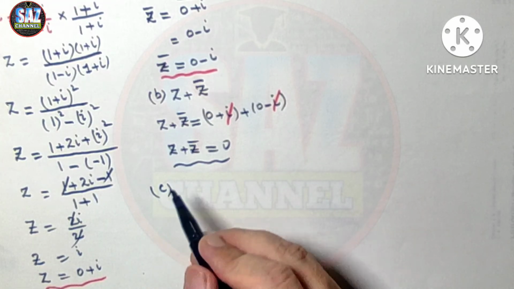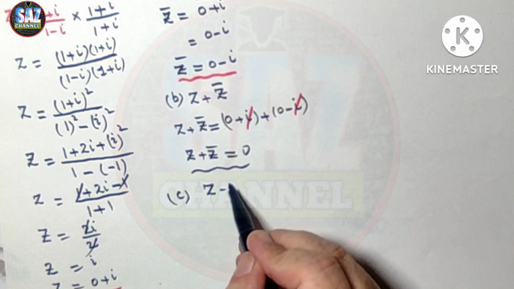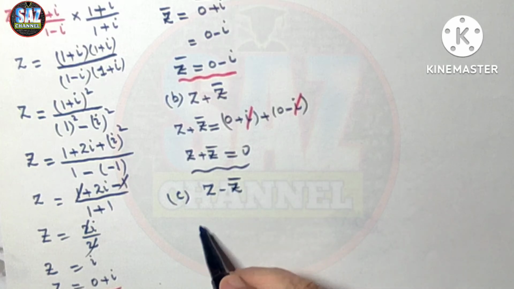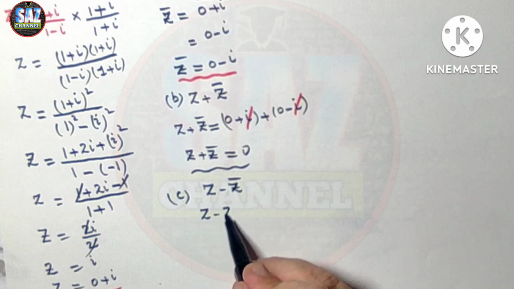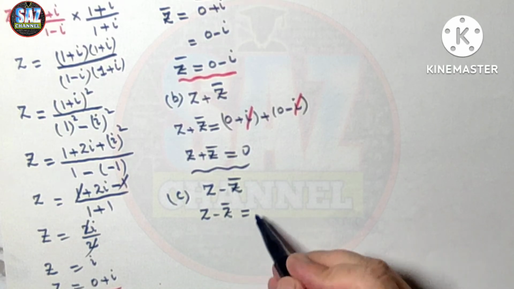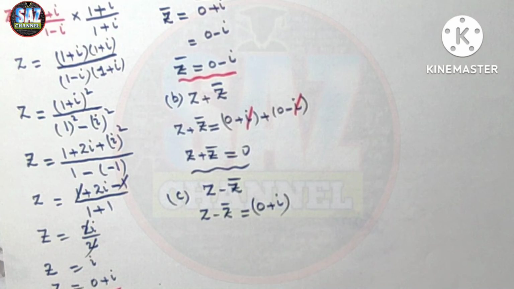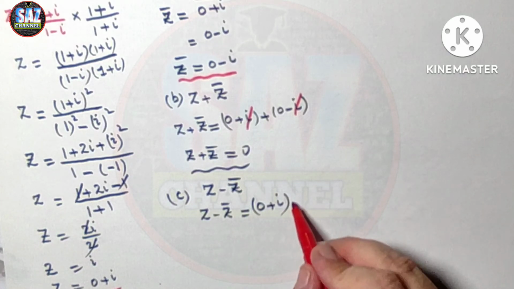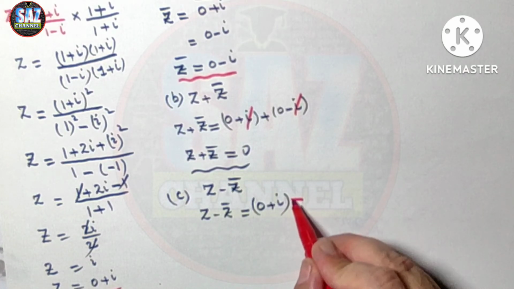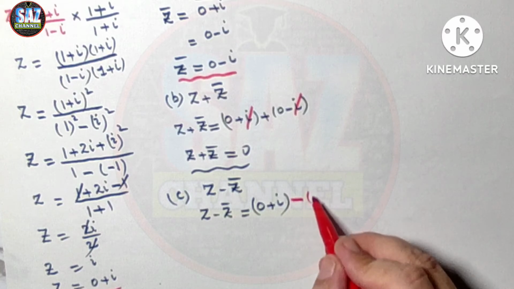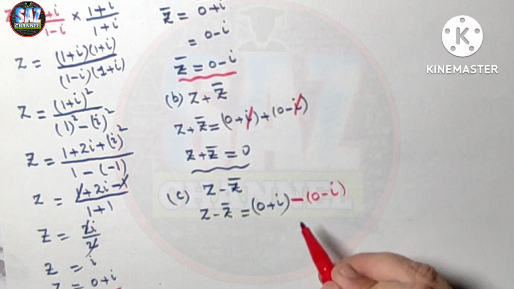Moving to the C part, that is z minus z bar. Now z minus z bar: z is 0 plus iota and minus, because we have to subtract, we have to find the difference between the complex number and its conjugate, 0 minus iota.